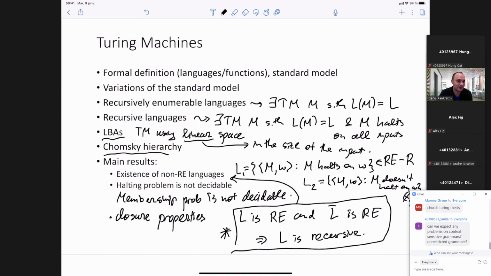Can we expect any problems on context-sensitive grammars, unrestricted grammars? Well, you should know the definitions, but I wouldn't expect too many problems on this. Can you explain why, when given context-free grammars G1 and G2, whether L of G1 is equal to L of G2 is undecidable?